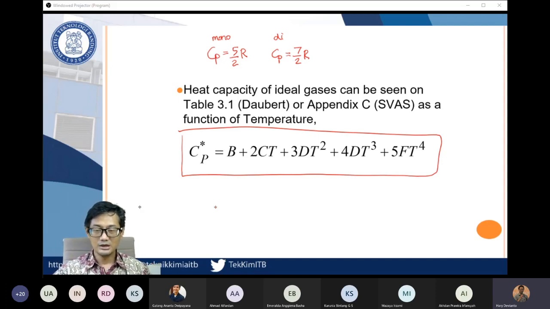But in a real situation, Cp itself is a function of temperature.